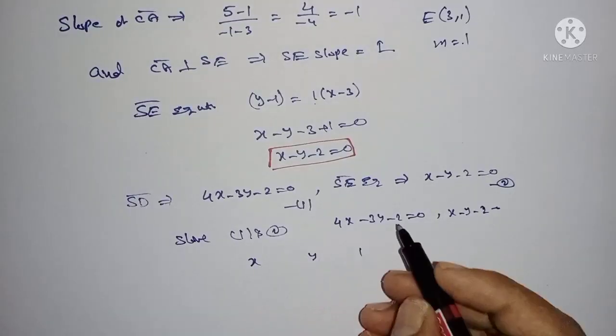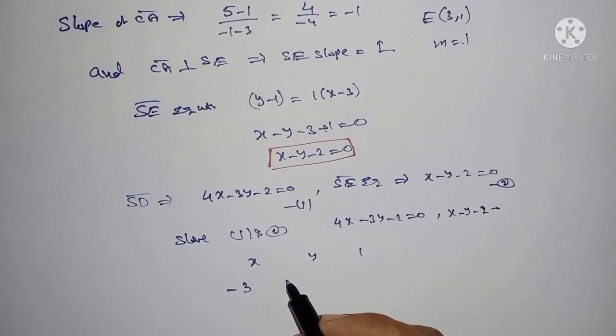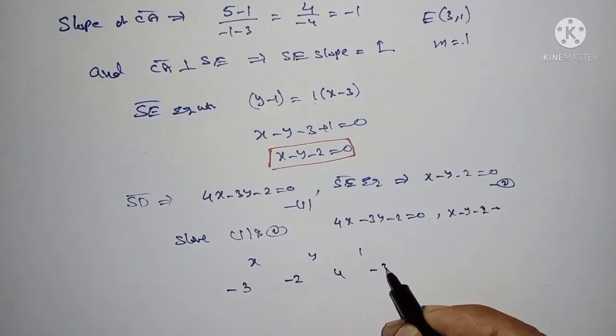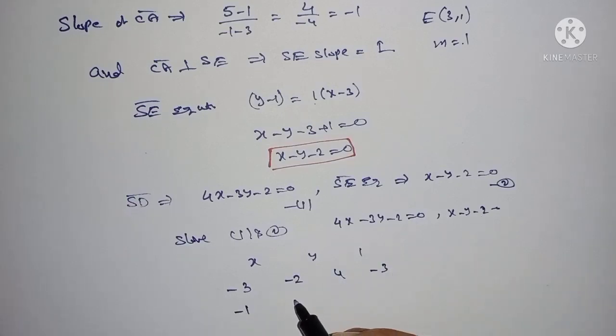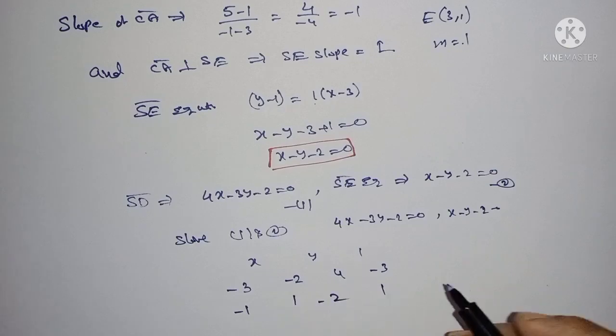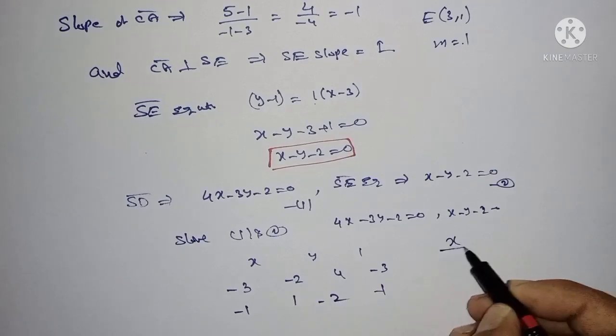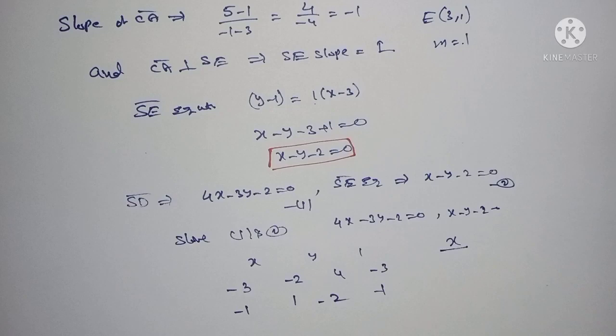Write the x, y and constant coefficients: minus 3, minus 2, 4, minus 3, minus 1, 1, minus 2, 1, minus 1. Therefore x by, how to solve this? x by minus 3.